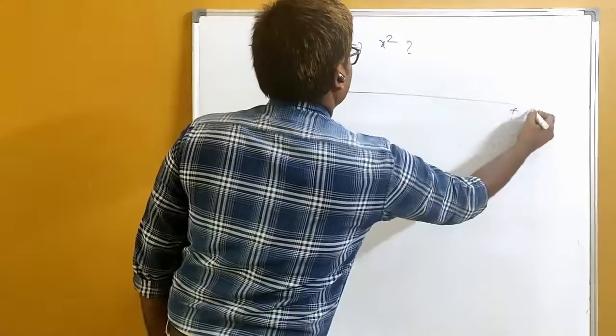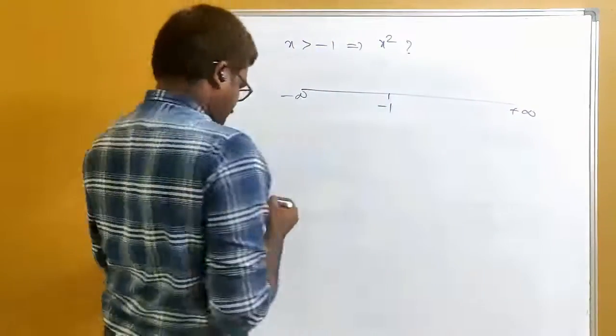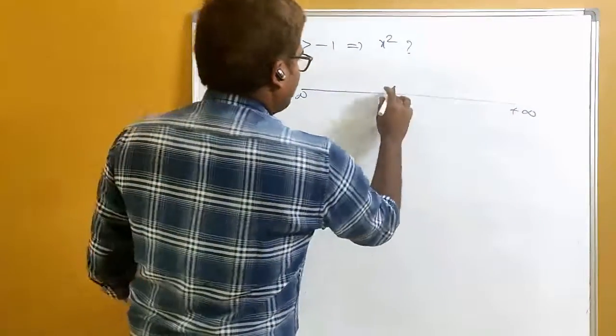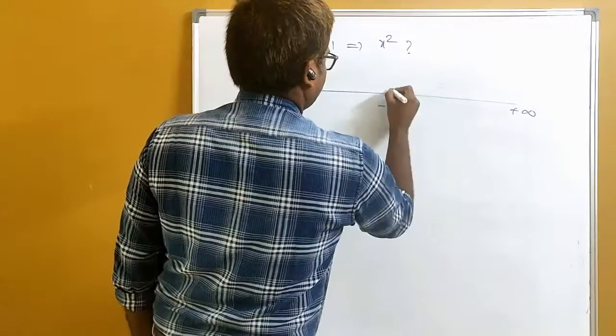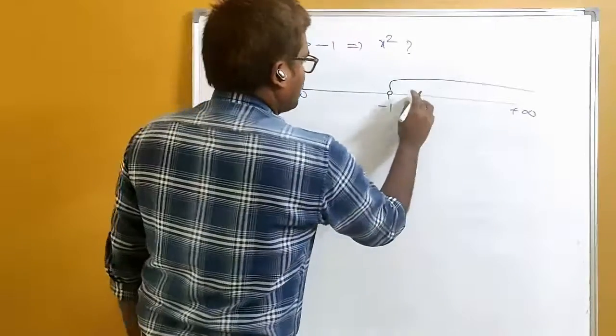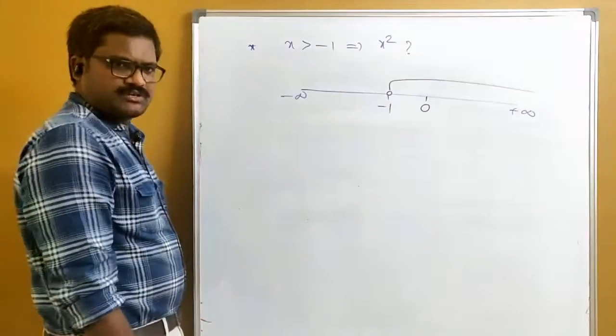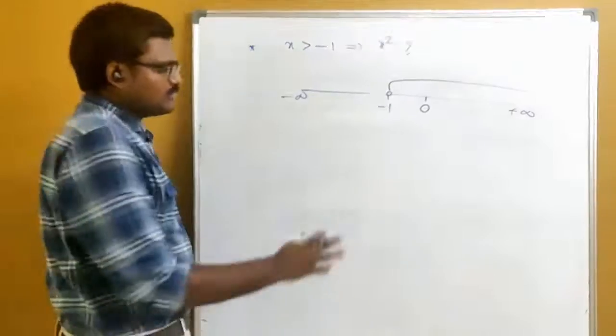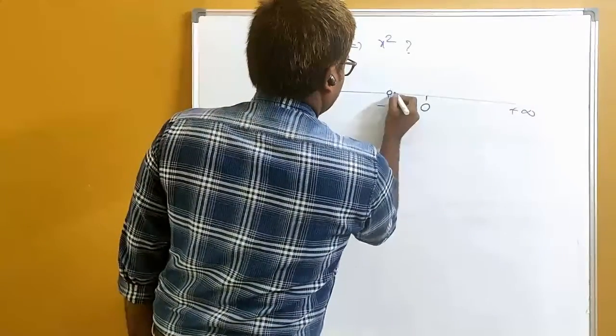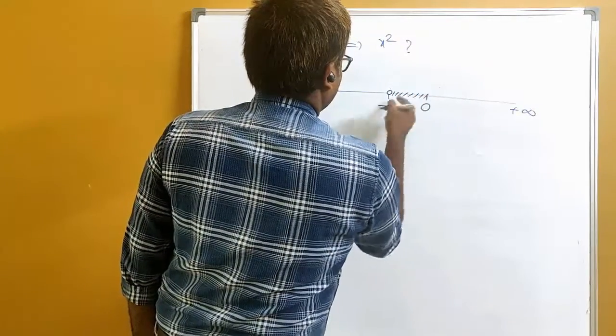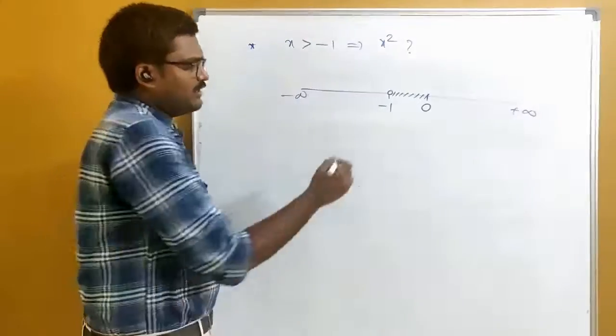Minus infinity, plus infinity. Let me assume this is minus 1. Okay, greater than minus 1 means all these values. Now, greater than minus 1 means in between there will be 0 also. Isn't it? After minus 1 you will get 0. Now, I am taking all these values of x because bubble is there, no equality.